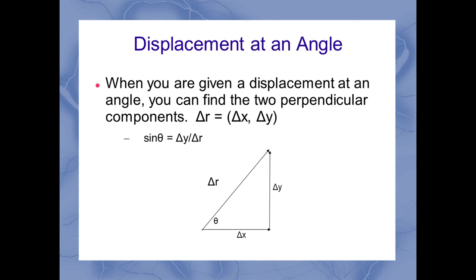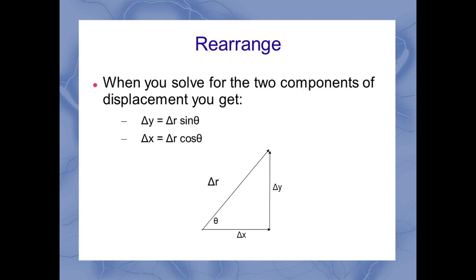The sine of an angle is the opposite over the hypotenuse. The opposite in this case from the angle is our y component, and the hypotenuse is delta r. And the same thing for cosine of the angle. It's the adjacent over the hypotenuse. And with those things together, we can now solve for the individual components.